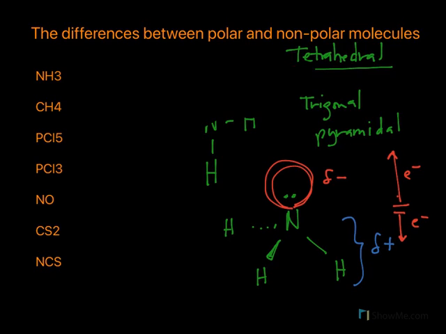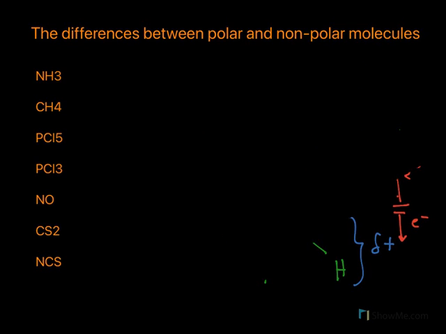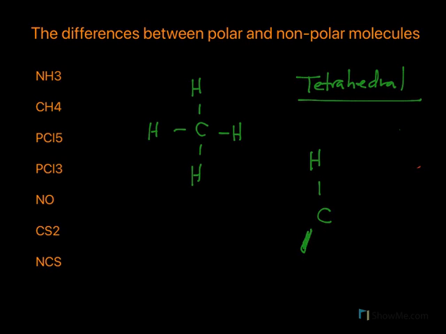So let's look at the next molecule, which is CH4. And again, the Lewis structure for CH4 is this, and this is then a tetrahedral molecular geometry, and I'll write it out to help you see.